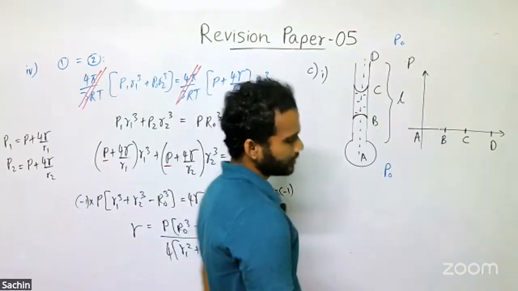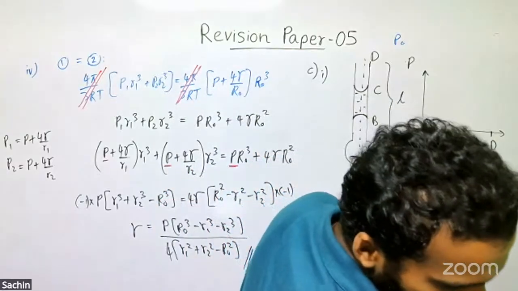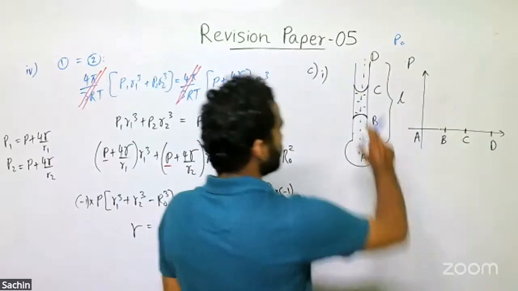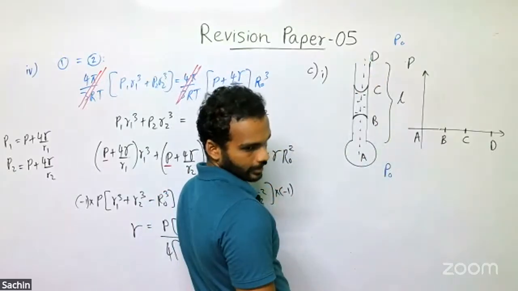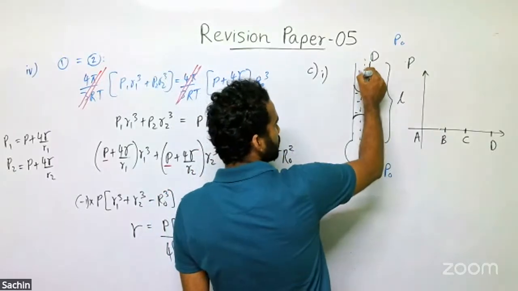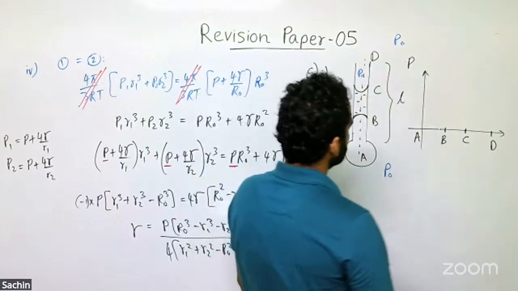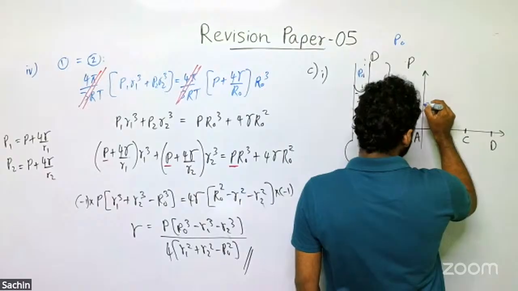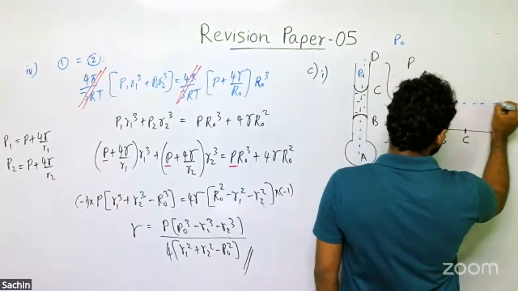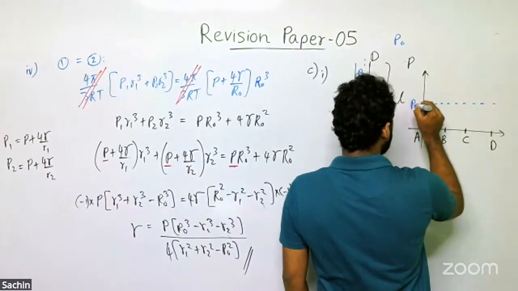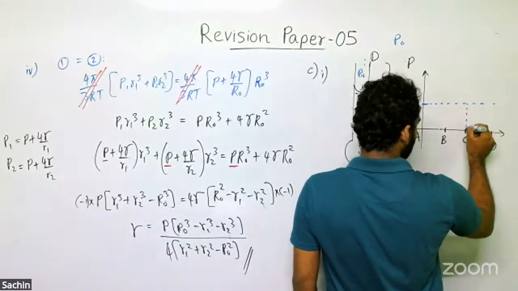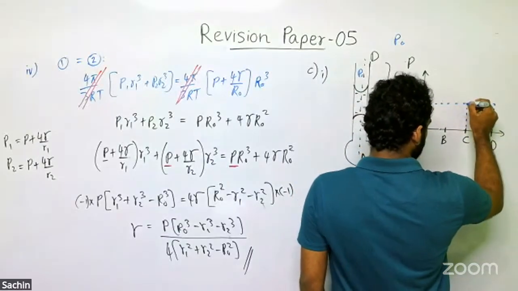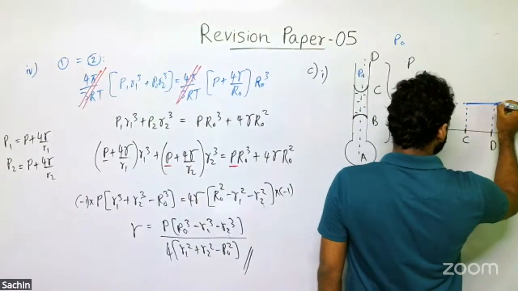You can see that the region CD is directly exposed to the atmosphere. That means the pressure inside is P0, the atmospheric pressure. So let me take the level of atmospheric pressure like this. From C to D, the pressure should be atmospheric. It does not change.